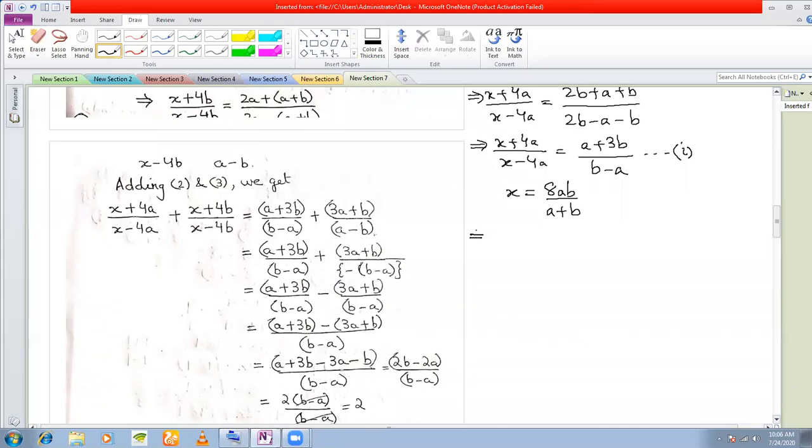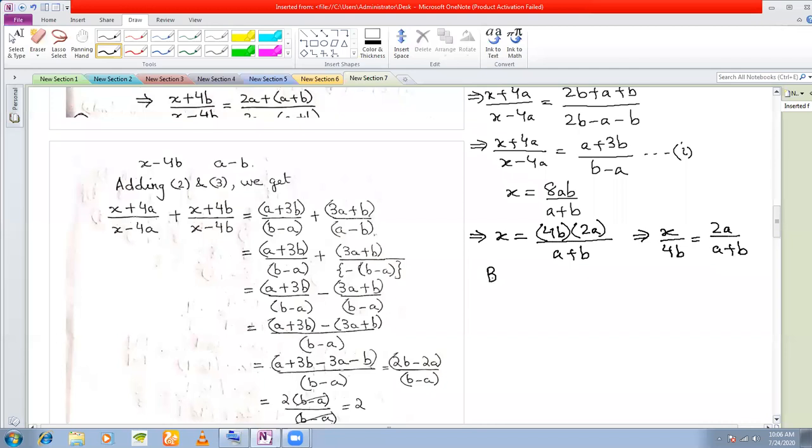So I break 8ab as 4b first, and then I need only 2a divided by a plus b. That means x by 4b must be equal to 2a by a plus b.